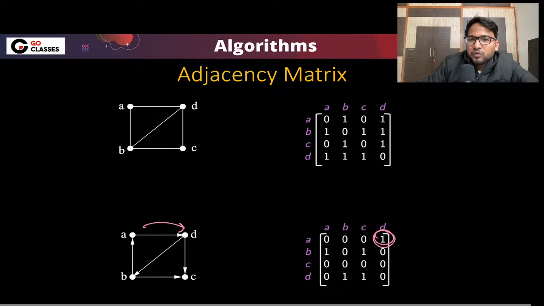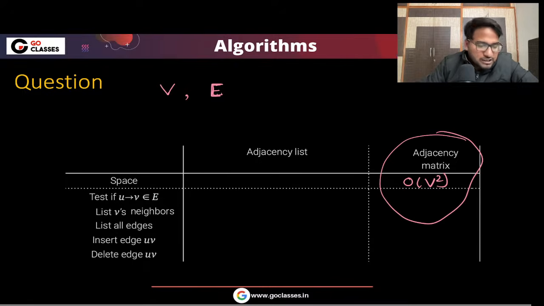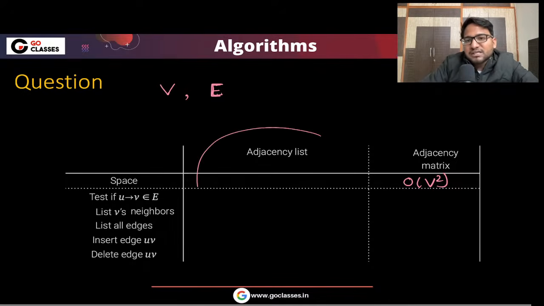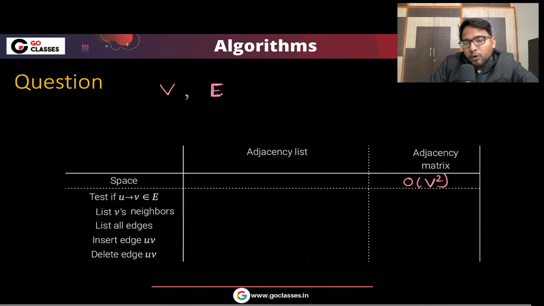Now tell me, is this clear to everyone that in the adjacency matrix, the space requirement is at least V square? Okay, what is the space requirement for adjacency list? Can anyone tell me? See, what is happening in the list? You are having one node, and here you are writing all the neighbors.